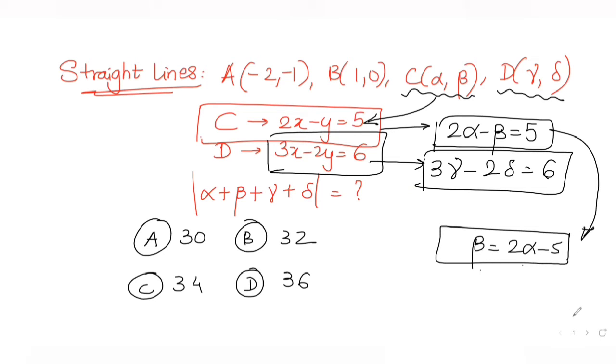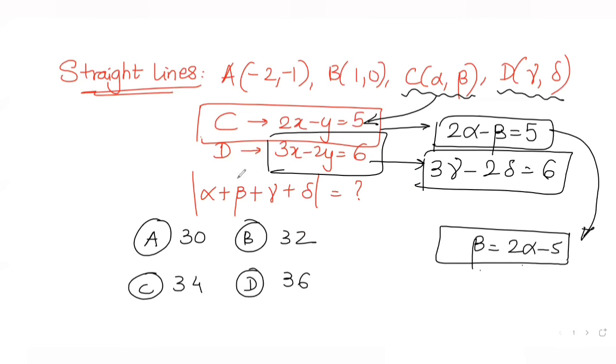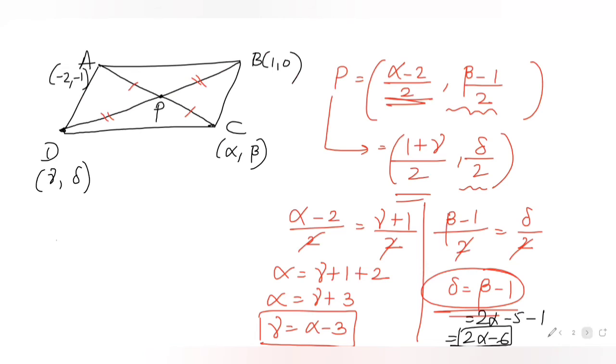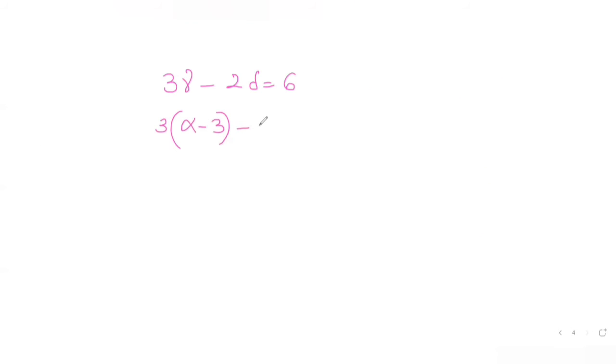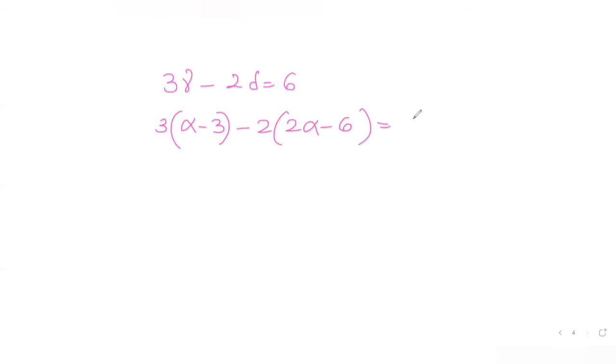Once I have beta in terms of alpha and gamma in terms of alpha, I convert delta also in terms of alpha. I can write beta minus 1 as 2 alpha minus 5 minus 1, so I get 2 alpha minus 6. Now I have all three in terms of alpha, so I can put them in the remaining equation and find alpha. 3 gamma, which is alpha minus 3, minus 2 delta, which is 2 alpha minus 6, equals 6.